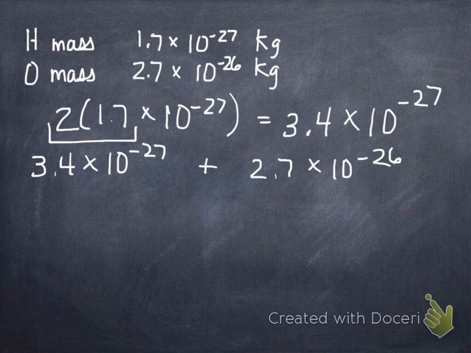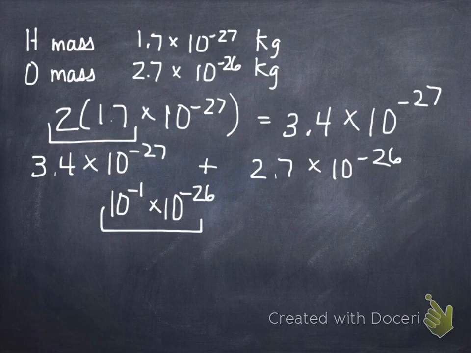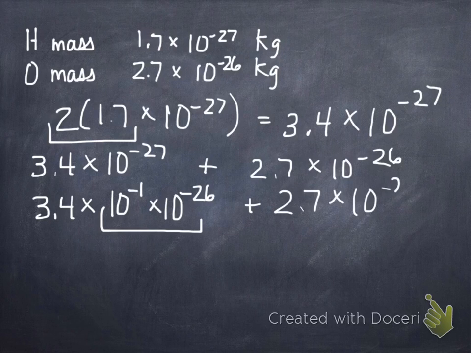Okay, so the way I'm going to do that is by splitting this 10 to the negative 27 into 2 parts. 10 to the negative 1 times 10 to the negative 26. So because negative 1 plus negative 26 is equal to negative 27, I've just adjusted that number. So I've got 3.4 times that power of 10, again, plus 2.7 times 10 to the negative 26.